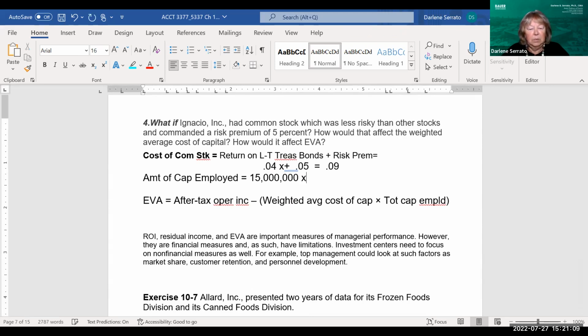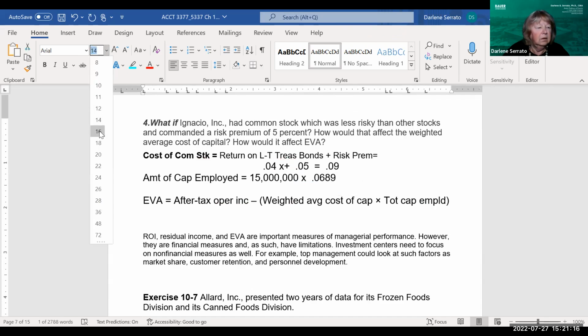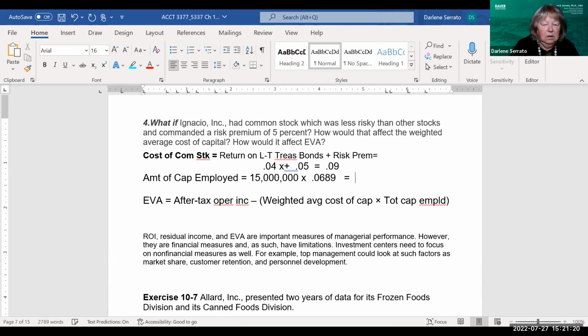And we're going to multiply times that. And that's going to be 1,033,500.